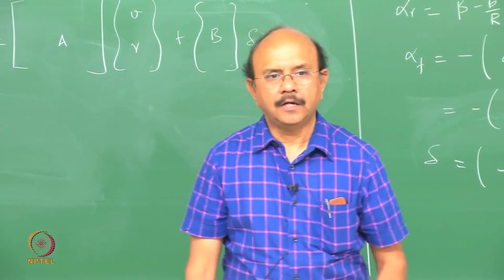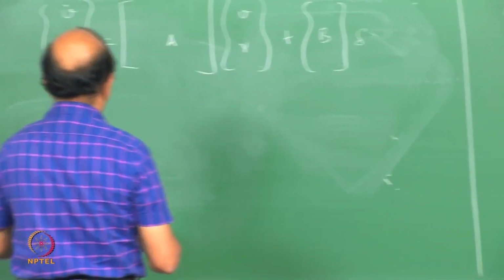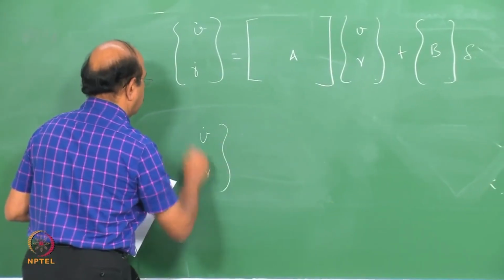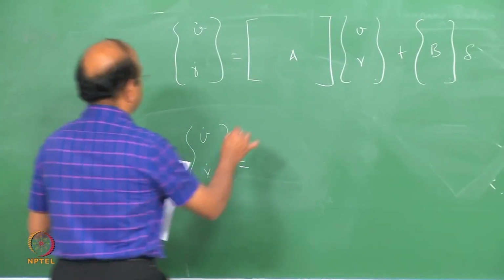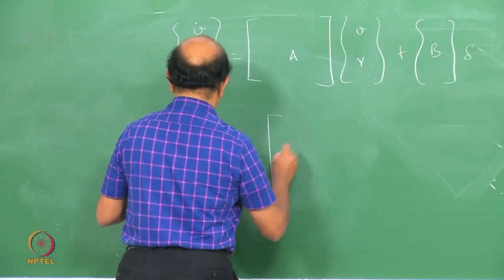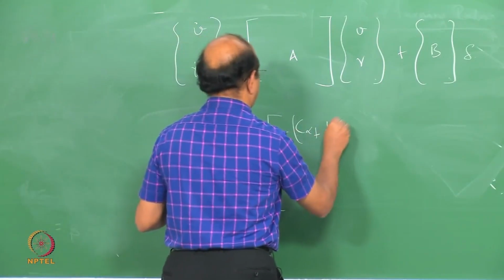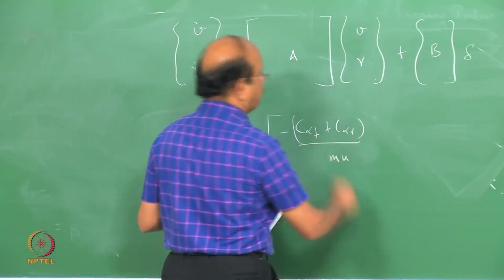When I rearrange it, I'm going to write the final form: V dot, R dot is equal to minus (C alpha F plus C alpha R) divided by mu, and so on.